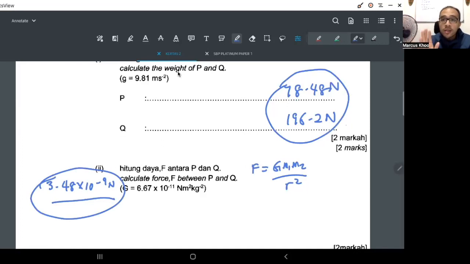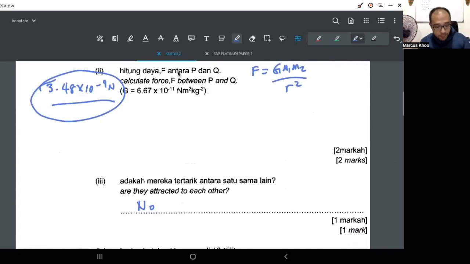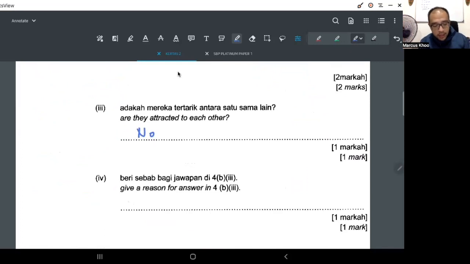Very logical, this question. There is some attraction, definitely, but because the weight is so much bigger than the force of attraction, it totally makes the force of attraction useless.